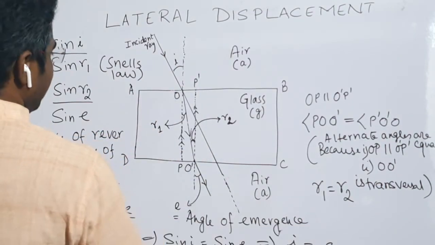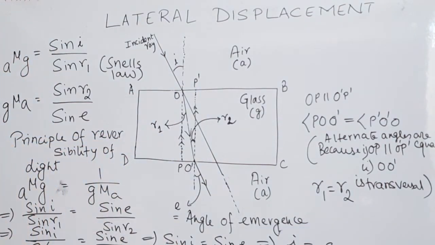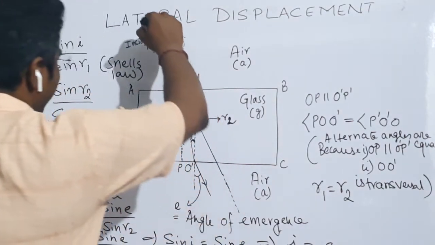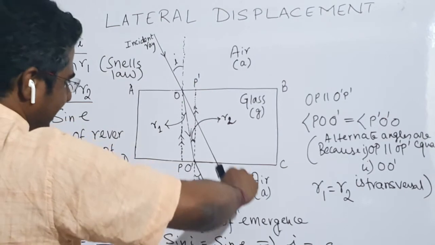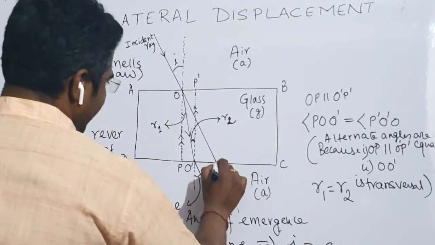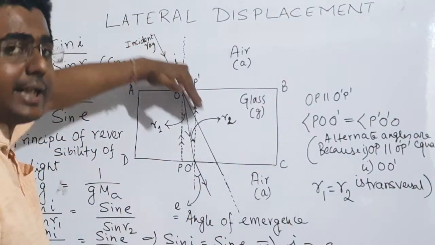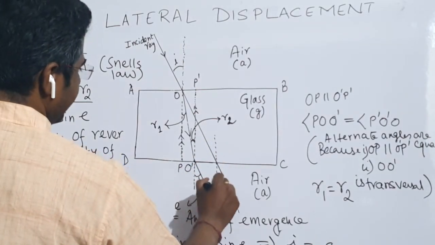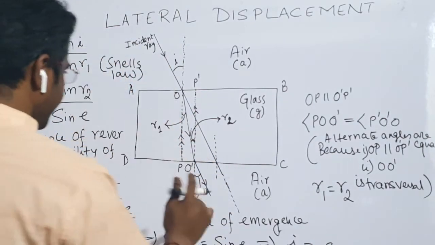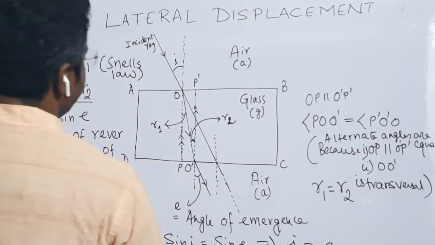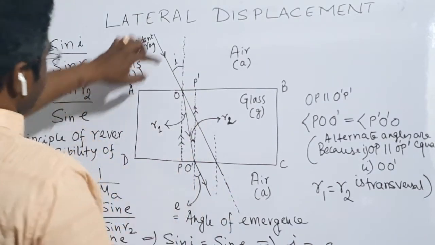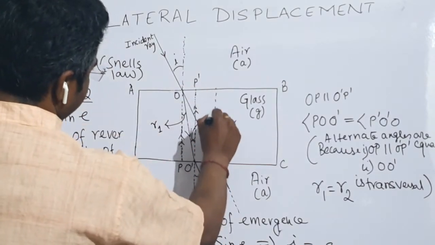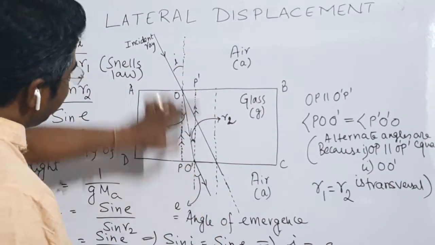So now these two angles are equal. What does this mean basically? Let's see. If I would have extended this incident ray like this, just as an imaginary line, then if you see, this is normal again. So if you see this line and this line are parallel, right?